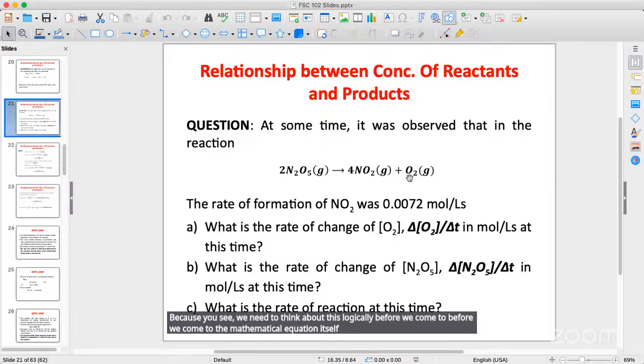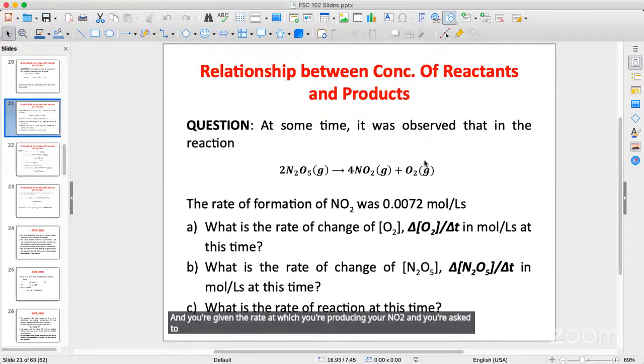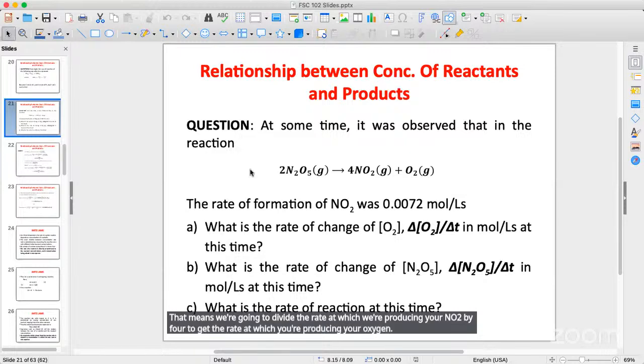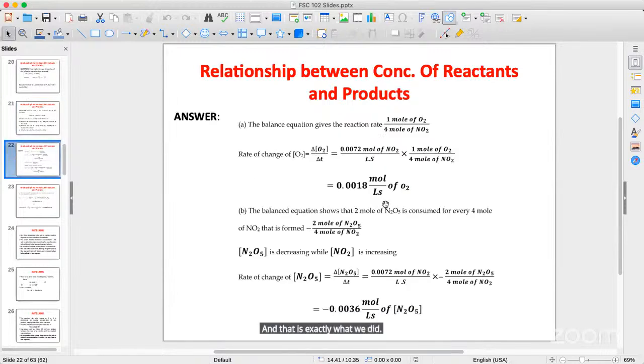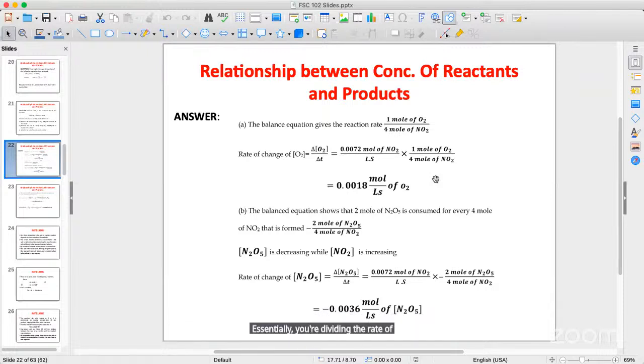If we're saying that the rate at which you're producing your NO2 is 4 times the rate at which you're producing your oxygen, and you're given the rate at which you're producing your NO2, and you're asked to find the rate at which you're producing your oxygen, that means you're going to divide the rate of NO2 by 4 to get the rate of oxygen. And that is exactly what we did here. Because at the end of the day, 1 mole of oxygen gives you 4 mole of NO2, and you can multiply that by the rate of NO2. Essentially, you're dividing the rate of production of NO2 by 4.